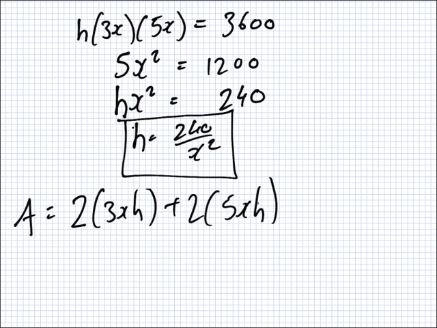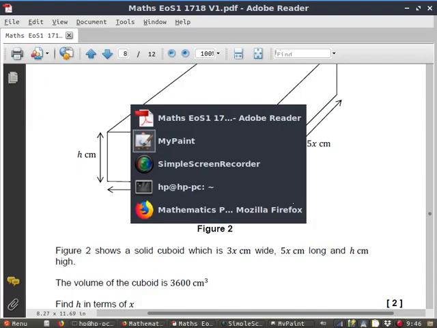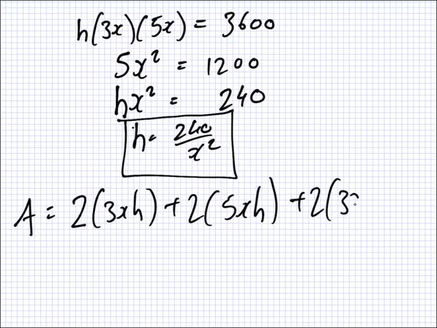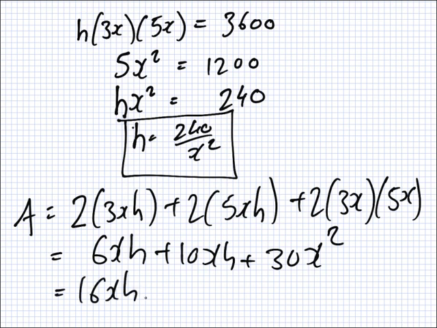And then there's two bottom pieces, so that's 2 3x 5x. So what's that? 6xh plus 10xh, plus 30x squared. So that's 16xh plus 30x squared.